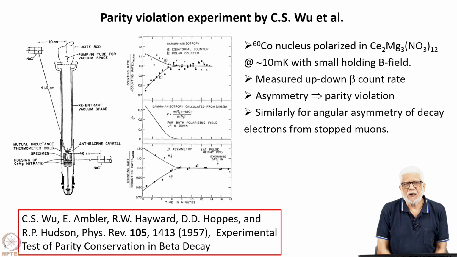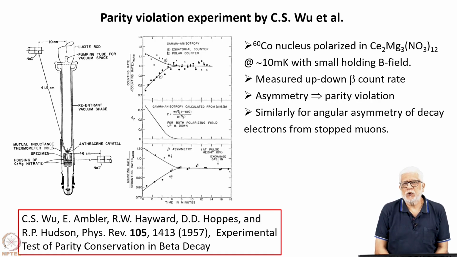So, the parity violation experiment by Wu was probably the most difficult experiment in terms of putting together many different aspects or systems. So, it used 60 cobalt nucleus, which was polarized in a particular salt, cerium magnesium nitrate, and that is the formula given there.